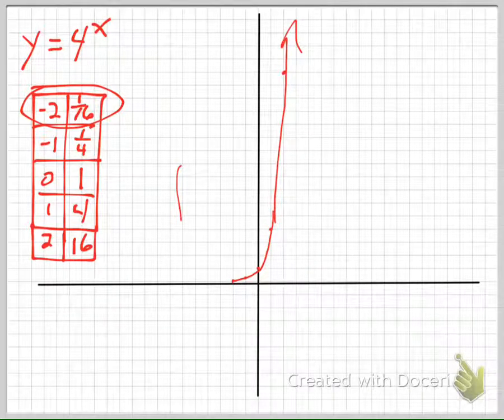Listen, look, I'm not going to tell you what to do. What if x was negative 3? You tell me what the answer is right now. Write it down. What if x was negative 3? What's the answer? I'm not going to baby food feed you anymore.